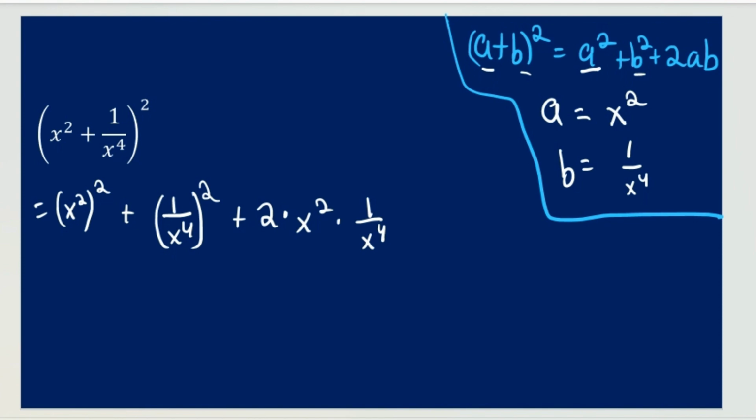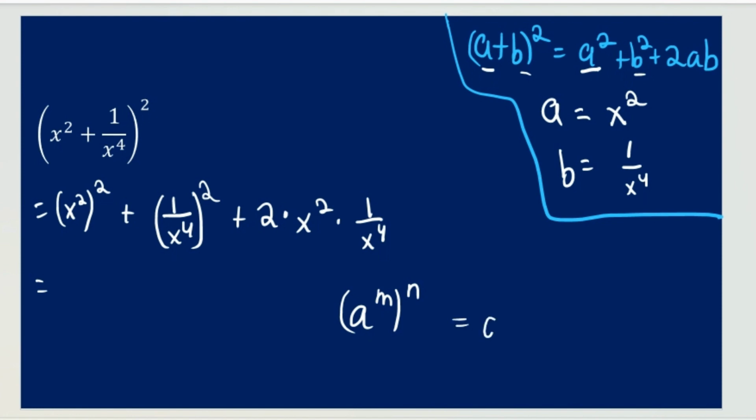Okay, so now time to solve. First term, (x squared) whole square. We know the formula (a to the m) to the n equals a to the m times n.